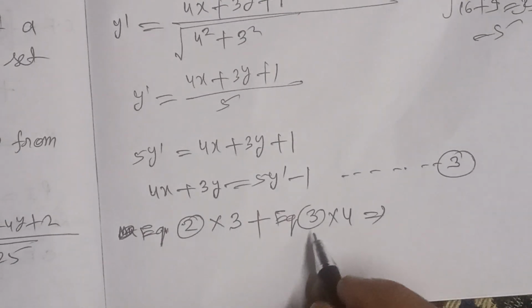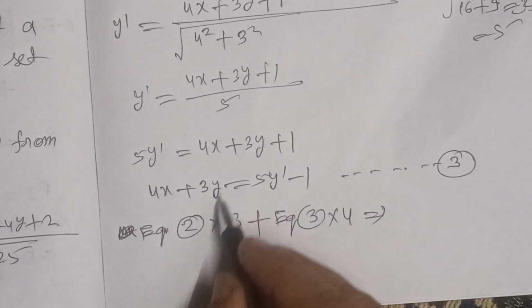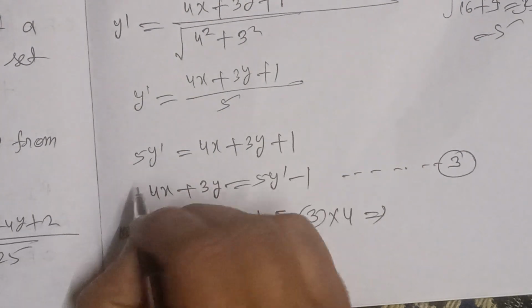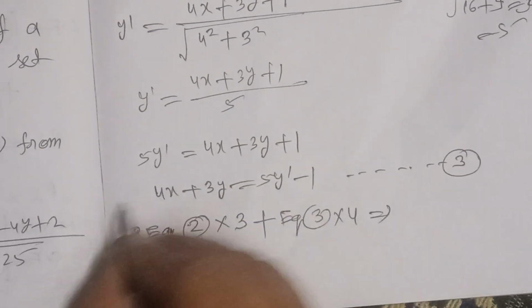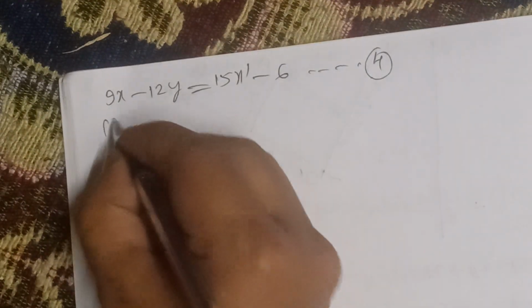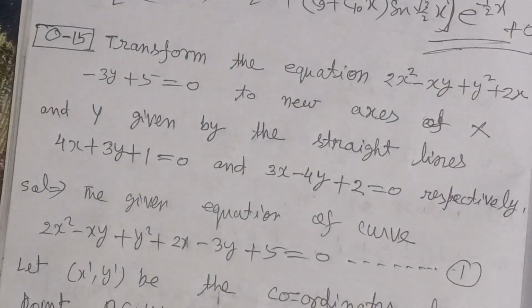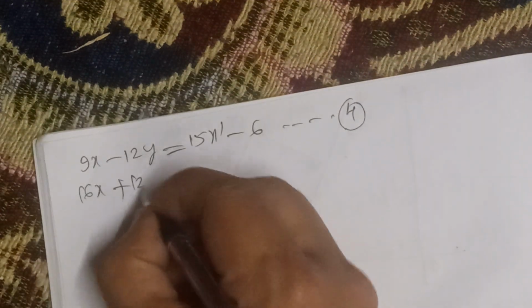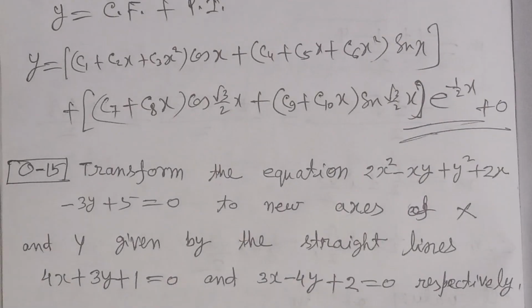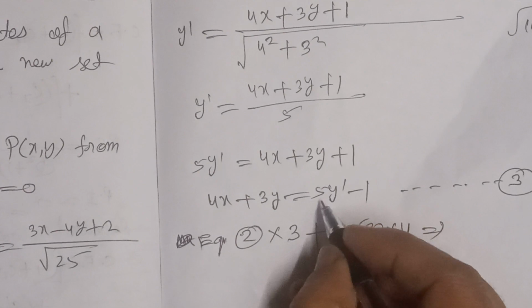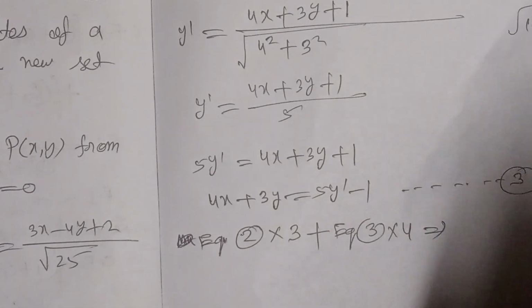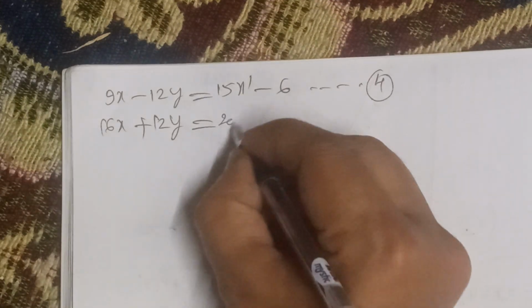Also we write equation number 3 multiplied by 4. So I multiply the whole equation by 4, we get 16x plus 12y on the left hand side, and on the right side we multiply 4 on both terms, we get 20y dash minus 4.